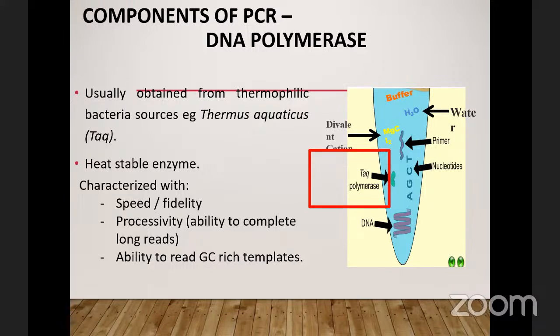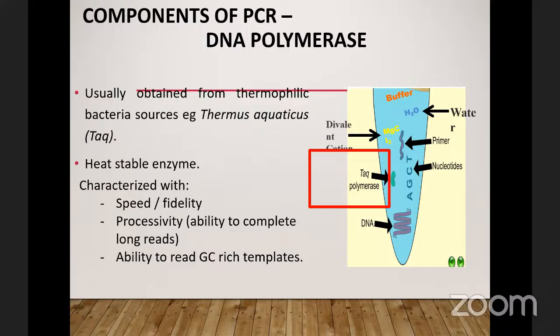So in this case, what we use in PCR is called Taq DNA polymerase. It is the only DNA polymerase that can withstand such high temperature. Usually it's gotten from a bacterium called Thermus aquaticus that is isolated from warm spring. So that's why it is suitable for this kind of reaction. We use Taq DNA polymerase as the major source of DNA polymerase for running PCR.